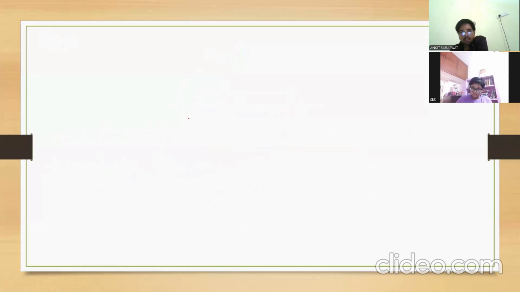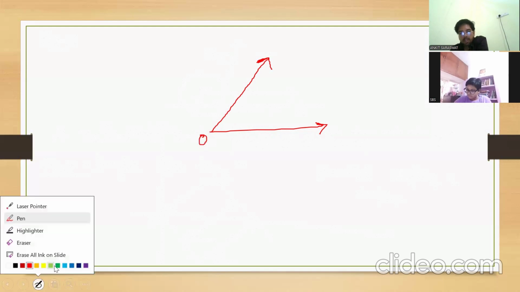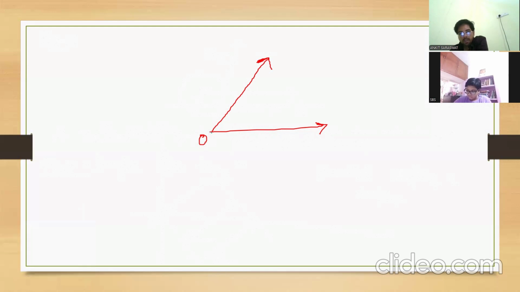For example, if you have drawn two vectors like this, one vector and one more vector, the tail of this vector and the tail of this vector intersect at point O. You can check. There should be an intersection of tails, either tail or head.